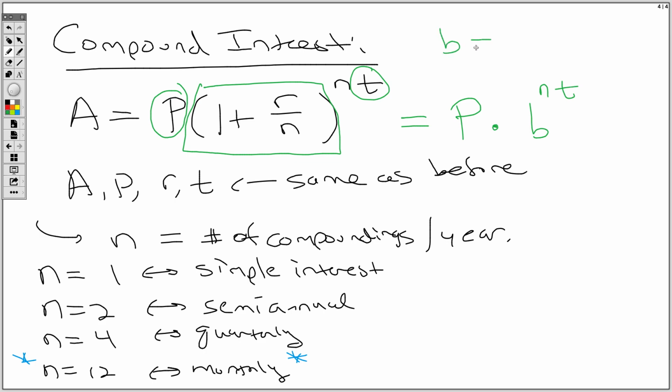So the base of this exponential is 1 plus R over N. So let's do some examples. Once again, the derivation is in the textbook. Usually when we revisit this in calculus, I go through the derivation with the calculus students. But in college algebra, we just want to make sure you know how the formula works and to recognize it as an exponential function.